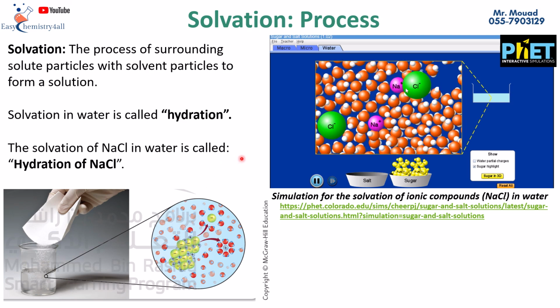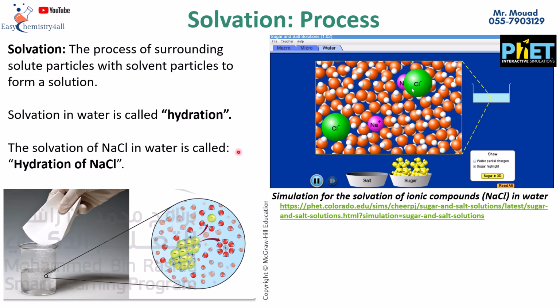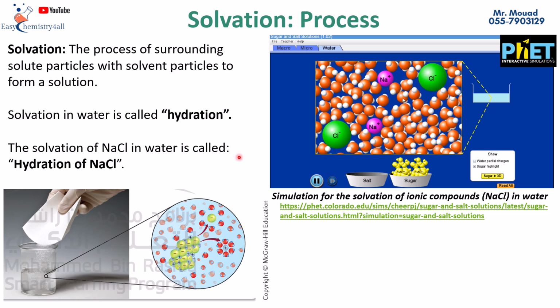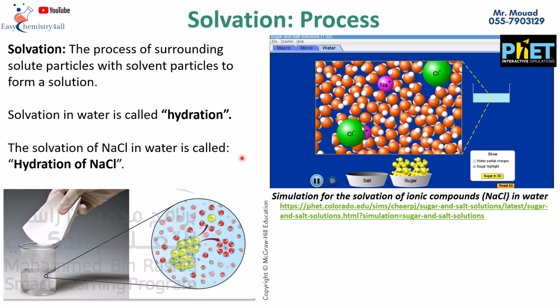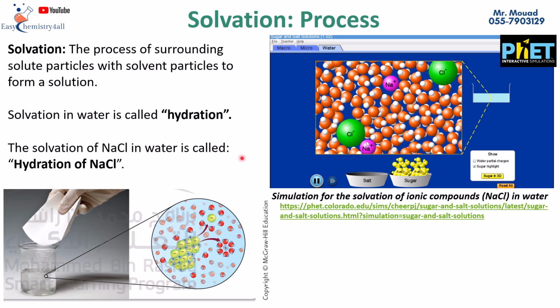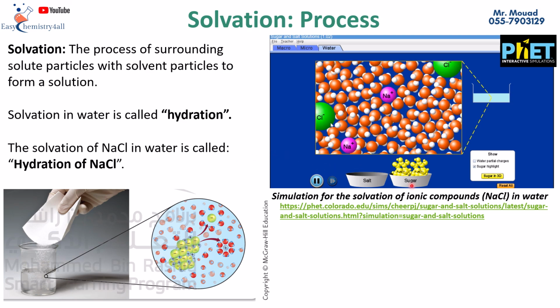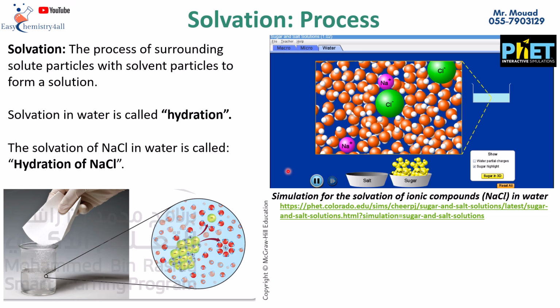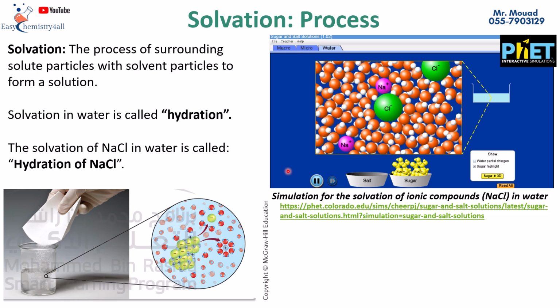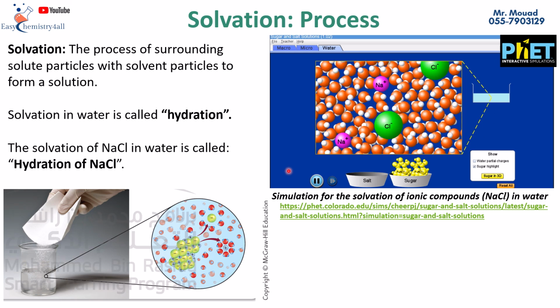So that's why the dissolution or the solvation occurs, because of the polarity or the nature of the water molecules. Even if we try to move them apart, they will be surrounded by water molecules and dissociated.